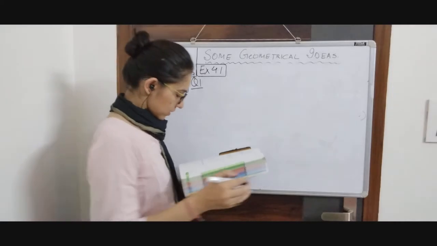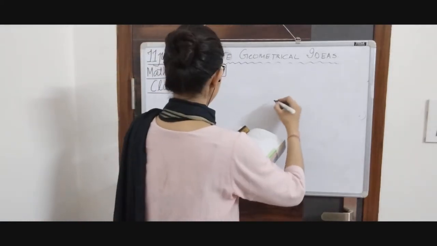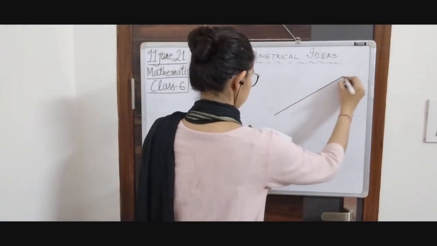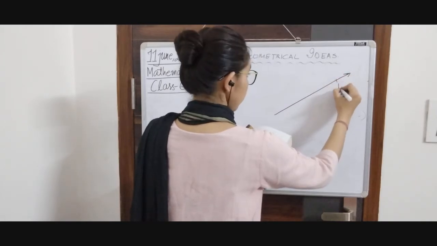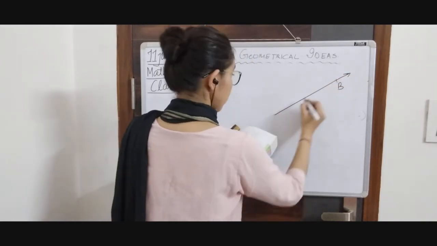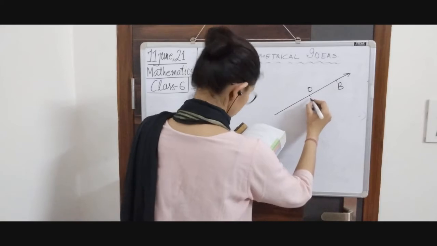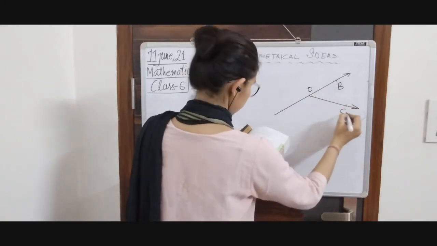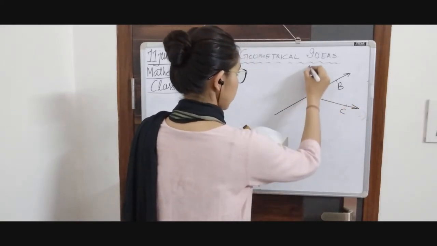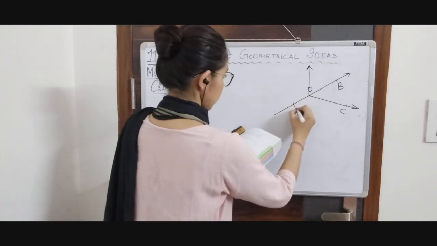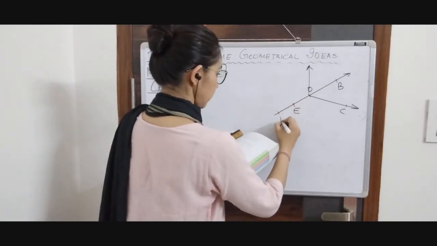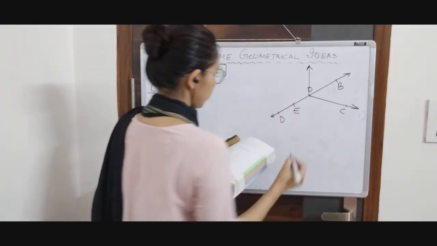Question 1: we have a figure like this. B point, then O point, and at O there is a C point and an arrow like this, then E point, then D point, and then an arrow.